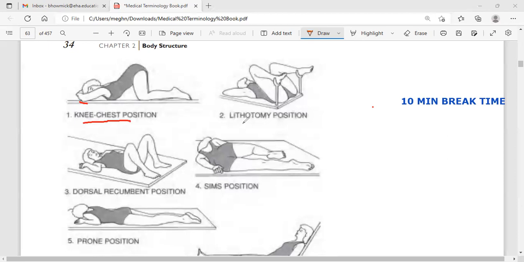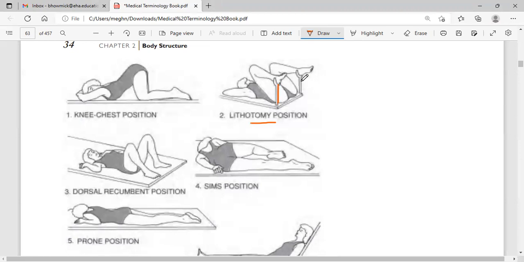Next position, this one is called lithotomy position, right? Lithotomy. So in this position, the patient is assisted into the supine, because supine means lie down on the back, and two legs are sharply flexed at the knee joint, and the feet are placed in two devices.